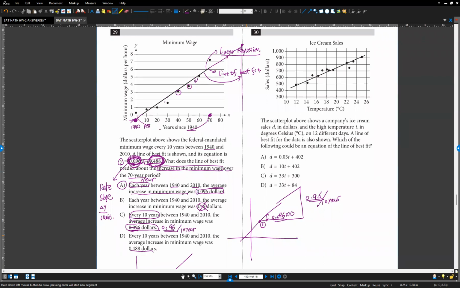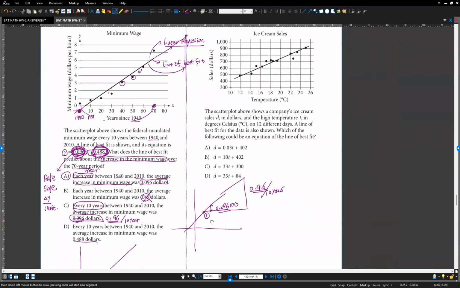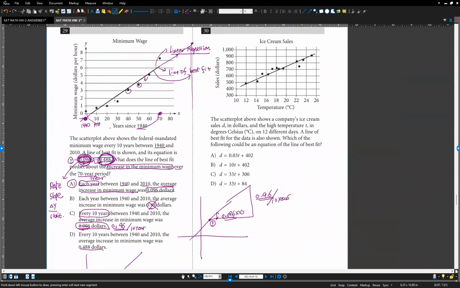All right, the next one, number is 30. Okay, we have another scatter plot over here, dot plot, scatter plot. Scatter plot also has linear regression, line of best fit. This line of best fit represents all of this data.